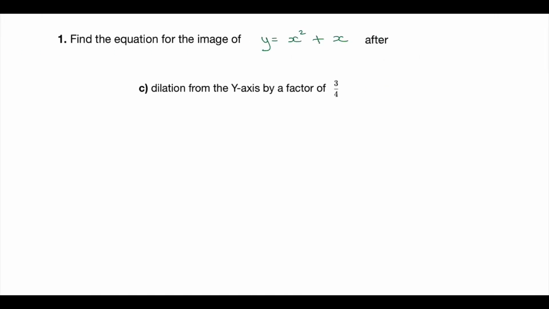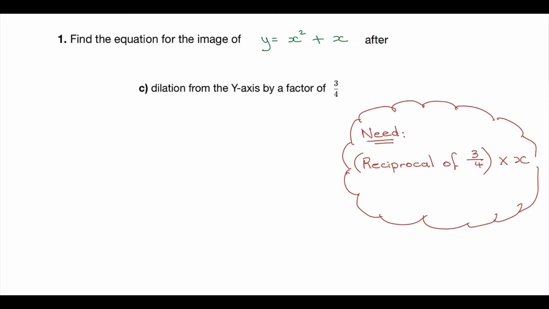To find an image equation after dilation from the y-axis by a factor of 3/4, we will first need to calculate the reciprocal of 3/4 multiplied by x. So the reciprocal of 3/4 is 4/3 multiplied by x gives us 4x/3.